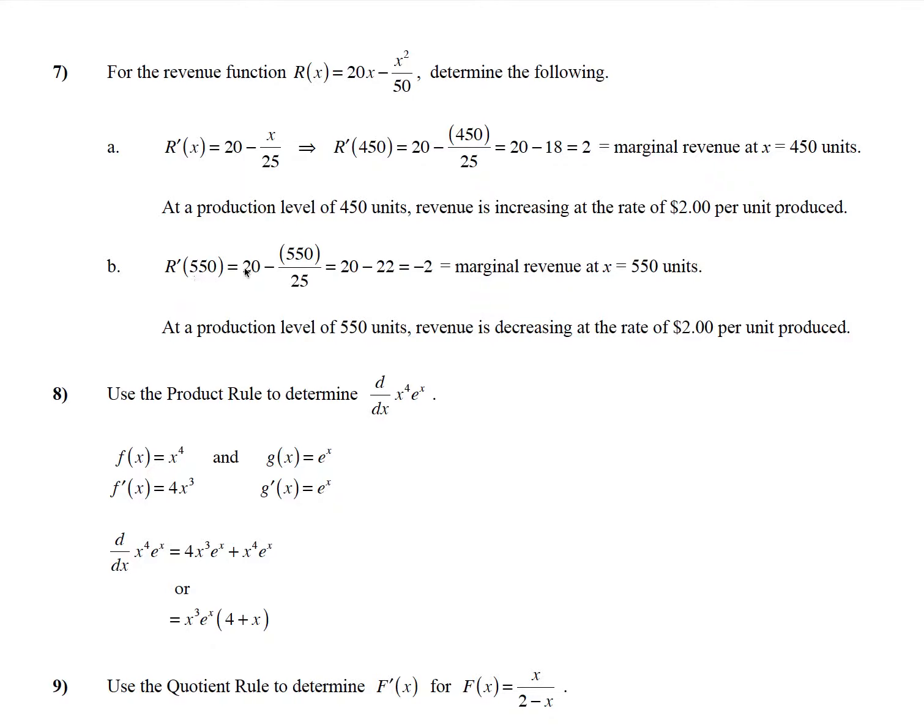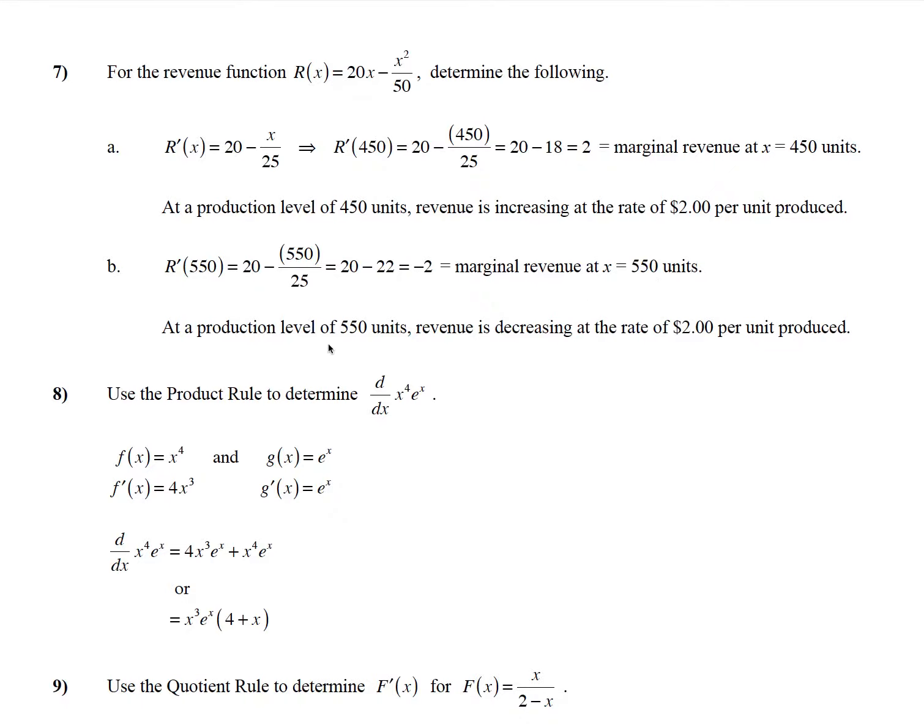We've got an x here, so we put a set of parentheses, and inside the parentheses we insert 550. 550 divided by 25 is 22. So when we subtract 22 from 20, our result is negative 2. And that is the marginal revenue at a production level of 550 units.